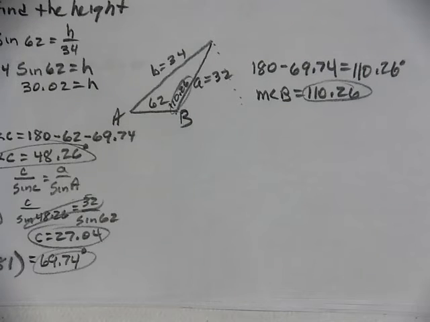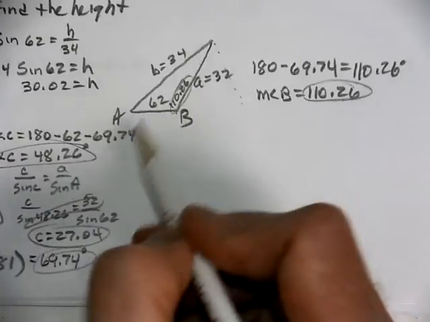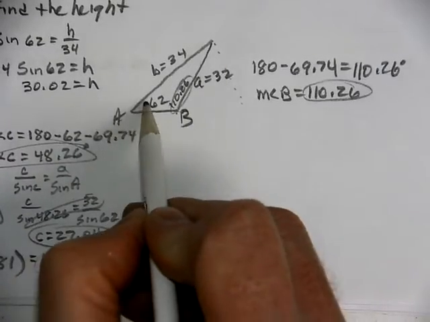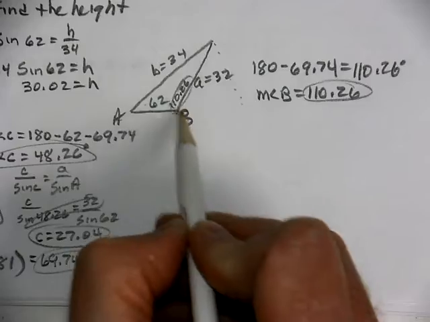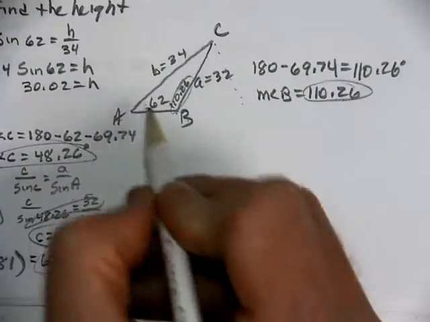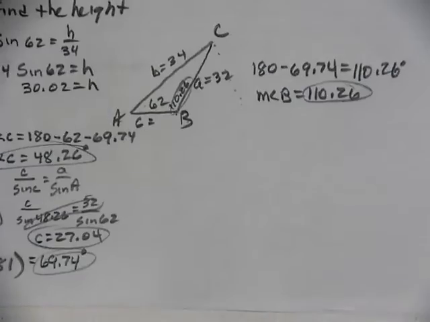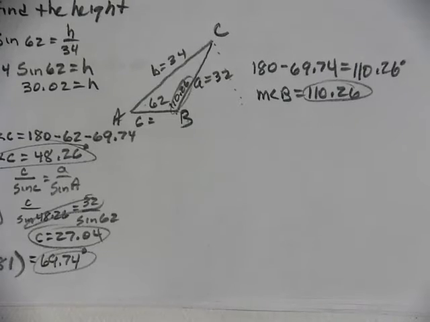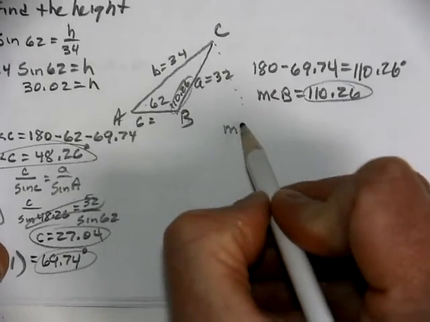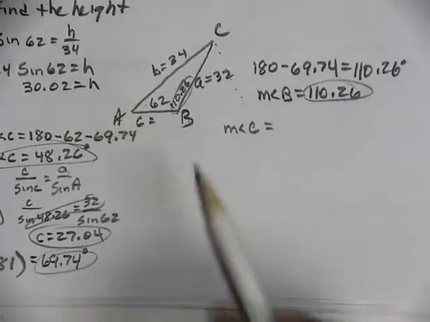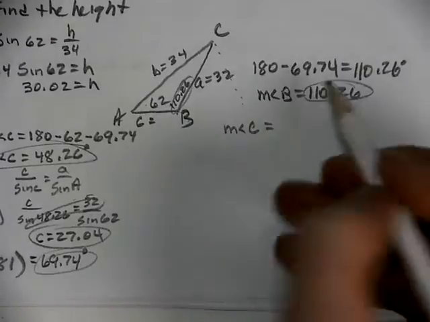What do we need to solve for next? I don't even have them labeled in here. If this is angle A and this is angle B, this would be angle C. This would be side C. How do I get angle C? It's another 180 calculation. So you find out that this triangle goes pretty quick.